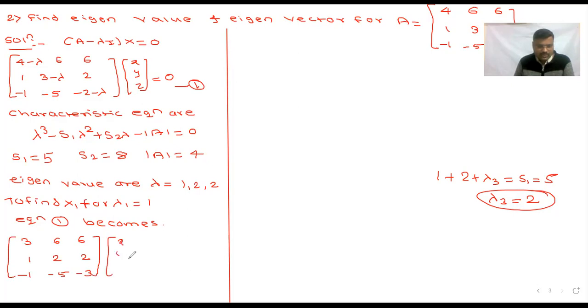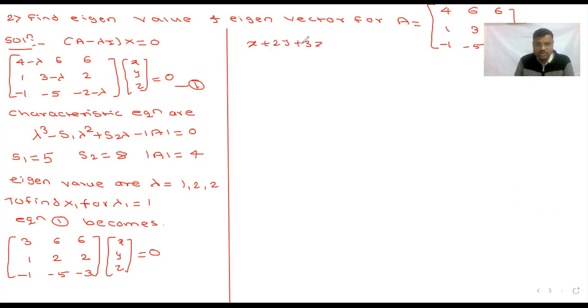On observing, the first two equations are the same. Yes, sir. We take two different equations. The first equation is x plus 2y plus 2z equals 0, because when you take 3 common out we get 1, 2, 2. So the first two equations are the same, so take any one. Then the last equation, x plus 5y plus 3z equals 0.